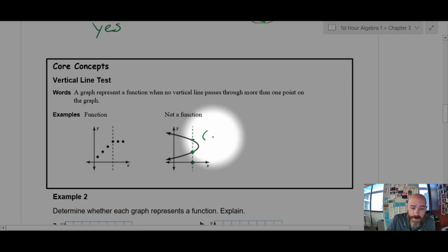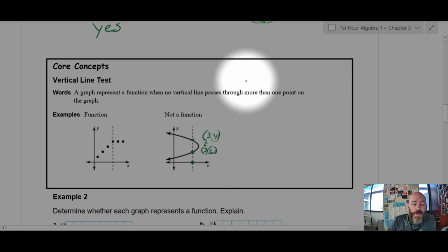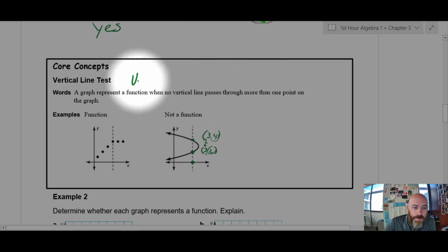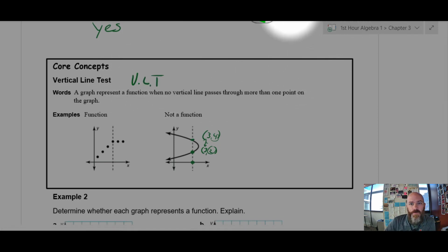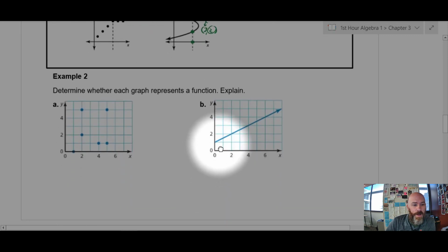This would sort of be like 3, 4, and maybe this one's 3, 2, and notice they're the same inputs but different outputs. So you can make a vertical line anywhere in the graph, and if it touches more than one point at a time, it doesn't pass. We can abbreviate this as a vertical line test when we do this. So let's look at some examples here.